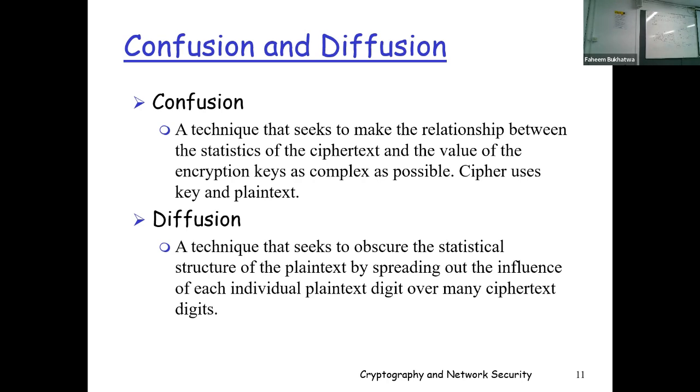Now, if you're asked in an exam, it can be, oh, which one is this, confusion or diffusion? But the way I try to remember it is this way: confusion is associated with the key, just the pronunciation, confusion and key, they're kind of closer. So confusion hides the relation between the key and the ciphertext.